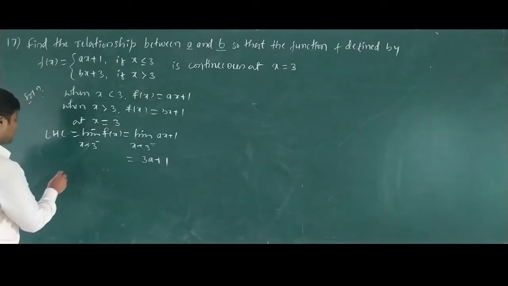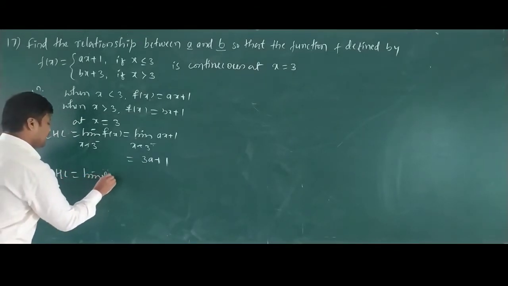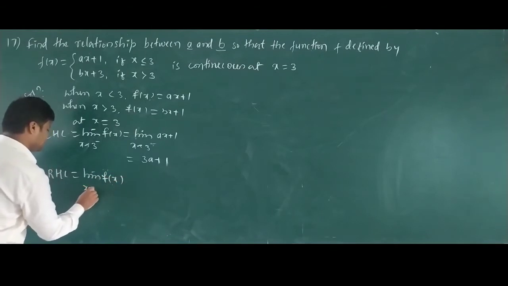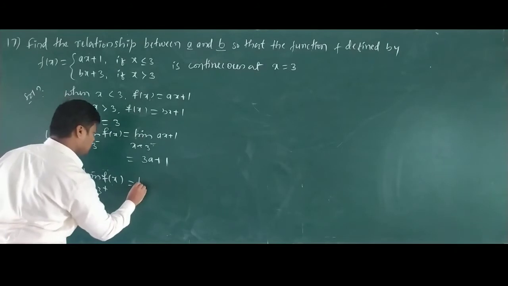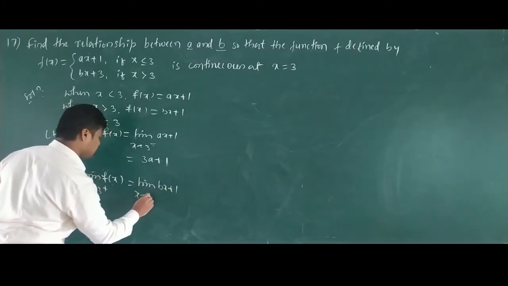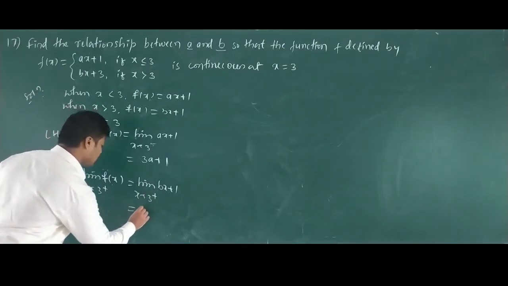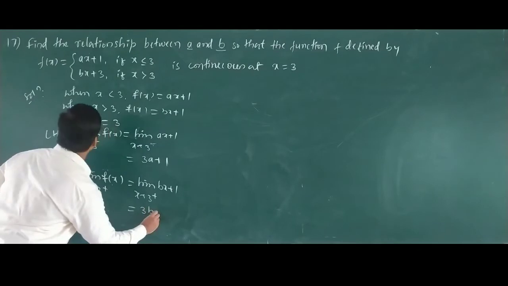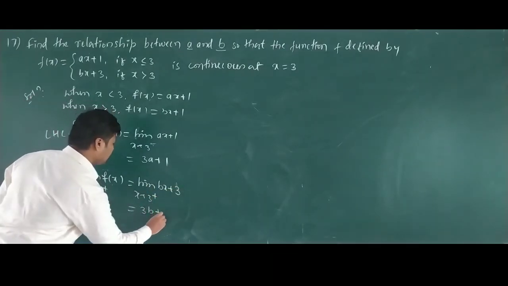Okay. Now look at RHL. The limit of f of x as x tends to 3 plus, values greater than 3, is the limit of bx plus 3 as x tends to 3 plus. There, put x equal to 3. That gives 3b plus 3.